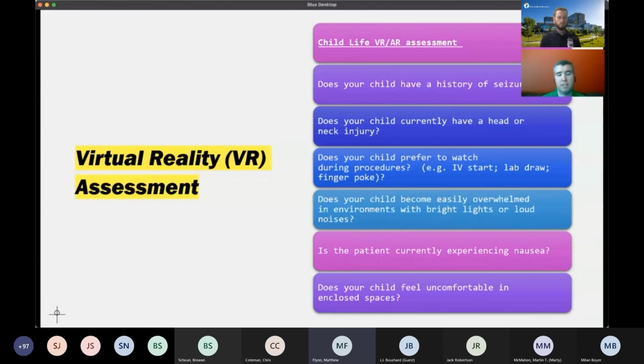I've come across that situation many times, and I might ask, are you sure? Do you want to try it just once? We don't have to do it during the procedure. You can just get a feel for it. Sometimes they say yes to that, and they still don't want to use it during, and they still don't want to watch what's going on. They just want to cope in a different way. And it's important to know that that is a boundary always worth respecting.